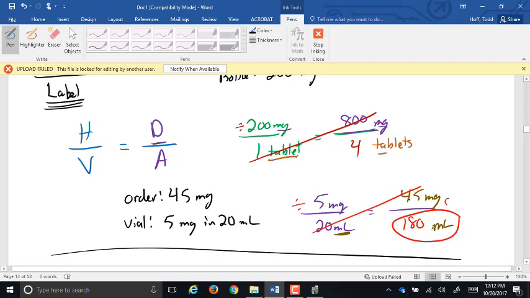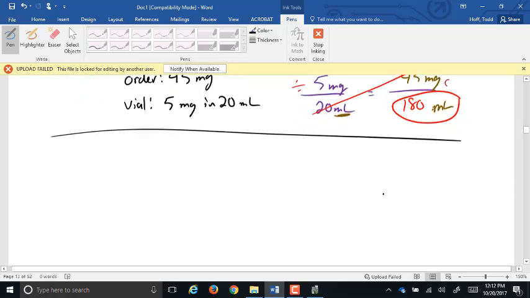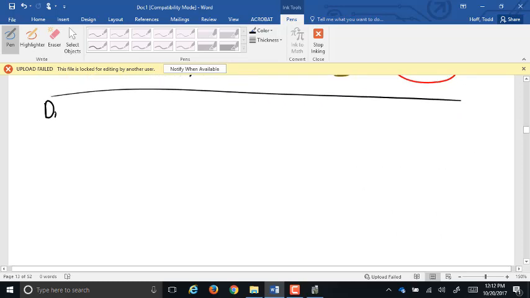Dimensional analysis takes a second to get used to. The power of dimensional analysis is that it can be used for any problem.